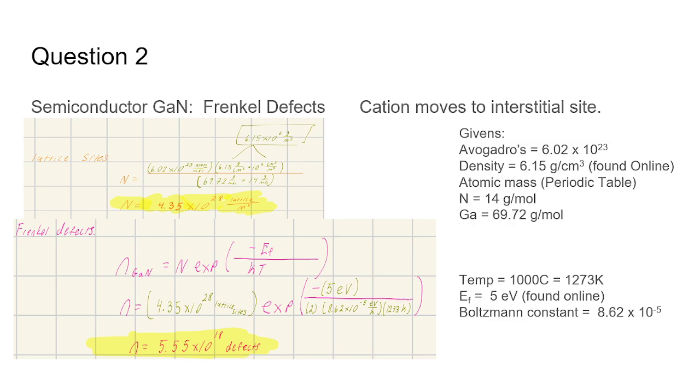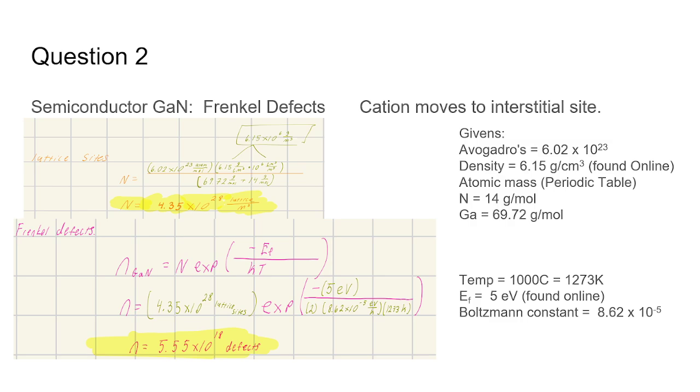But first we have to find the number of lattice sites, so we do that by inputting our givens: Avogadro's number, our density, and atomic masses. Then we can find our lattice sites of 4.35 times 10 to the 28 lattice sites per meter cubed.